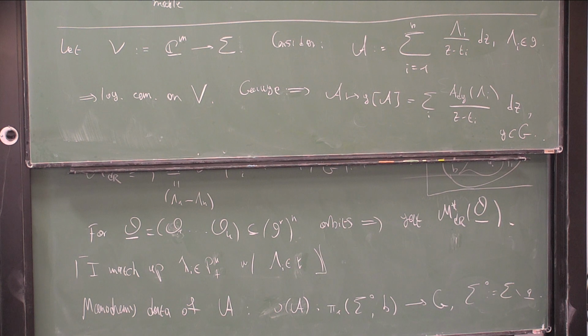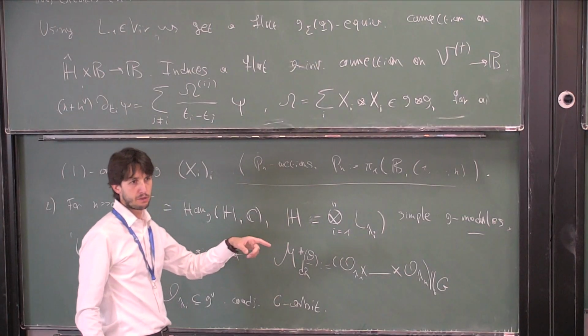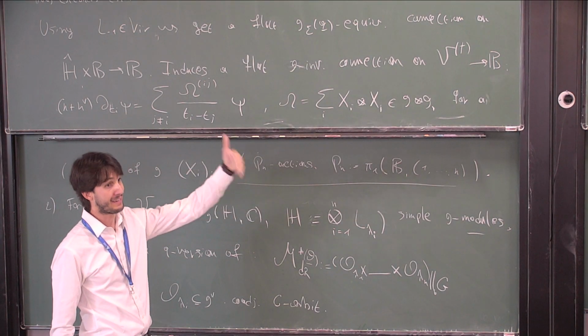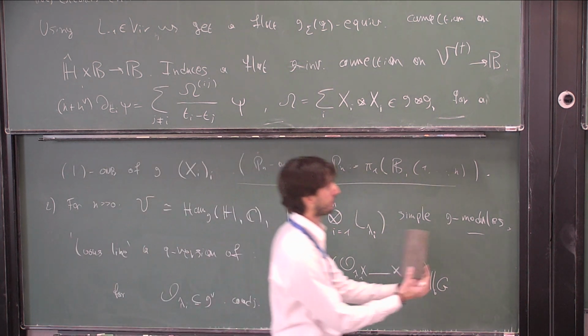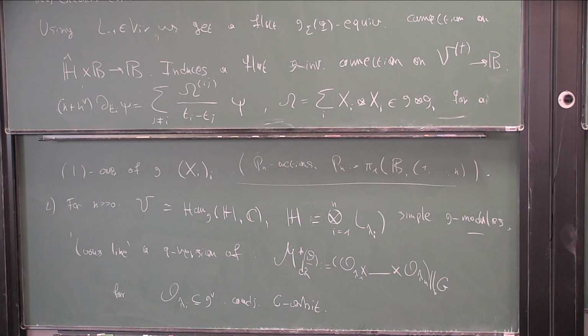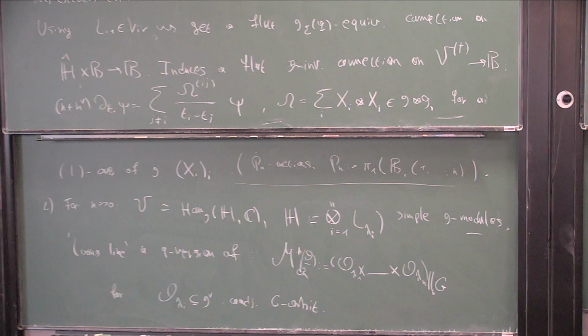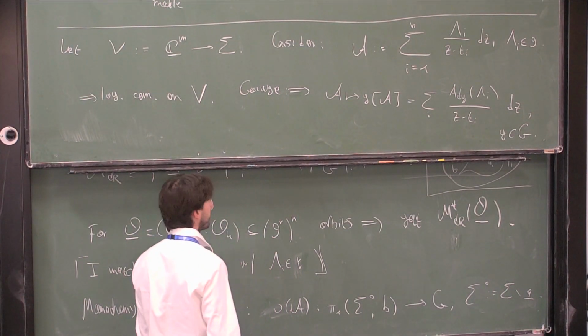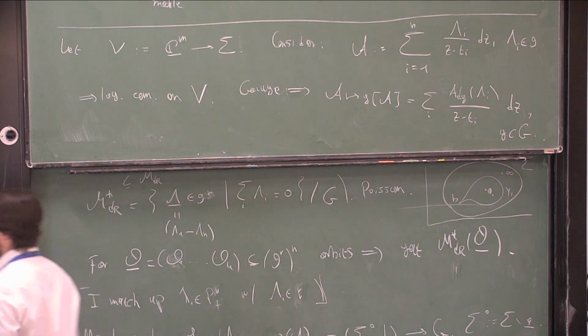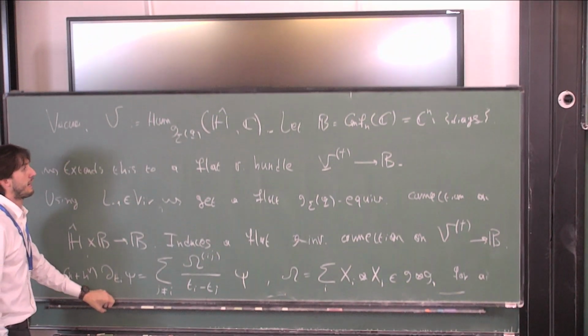And then you actually want to take this only up to conjugation because you want this to be the monodromy data of the gauge class of the connection. So if I act by simultaneous conjugation, you get a space which is now much closer to the character varieties that we saw again in Anton's talk.